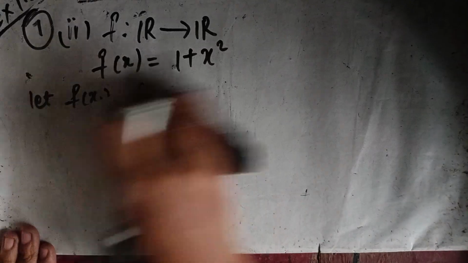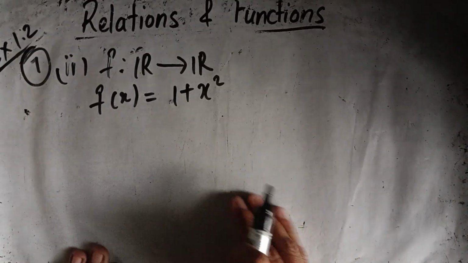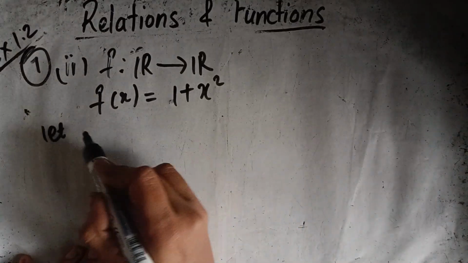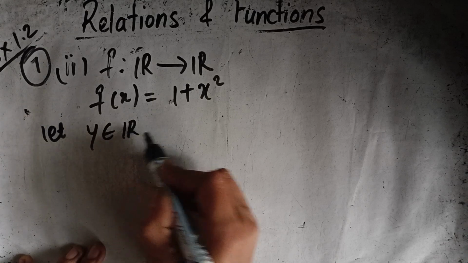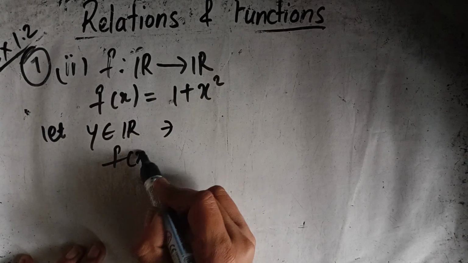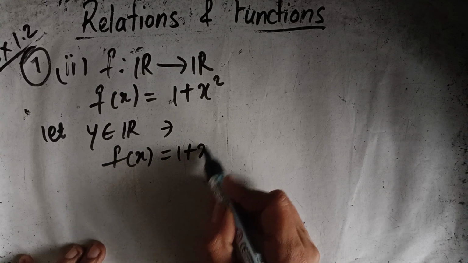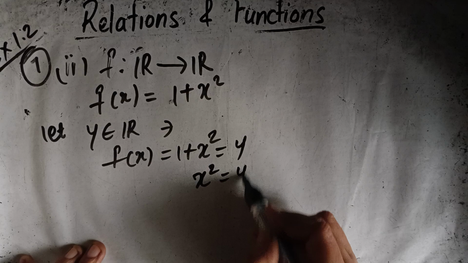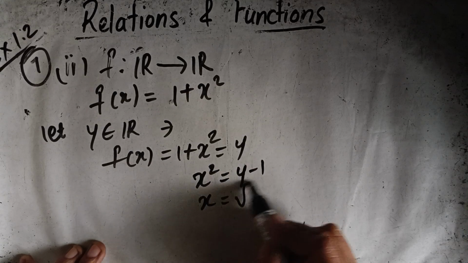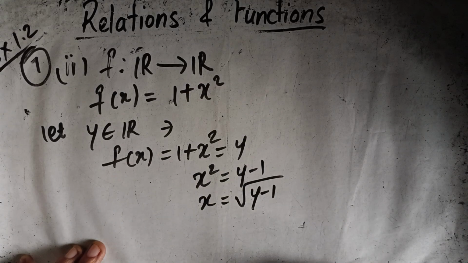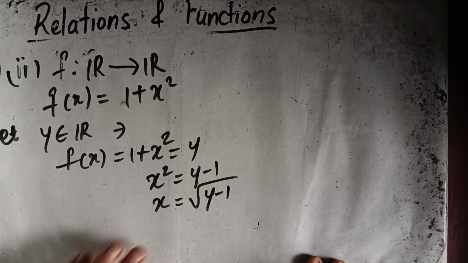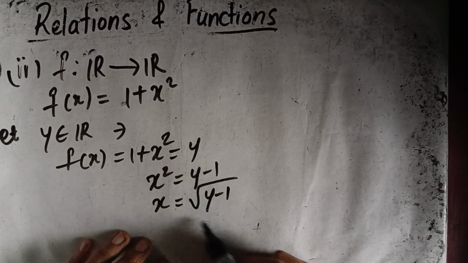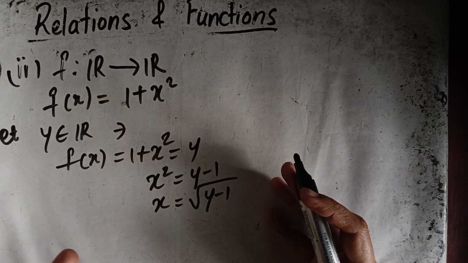Now for onto, let's say y belongs to R such that f of x is equal to 1 plus x square is equal to y. So x square is y minus 1, x is root of y minus 1. Okay. So this number should not be negative.